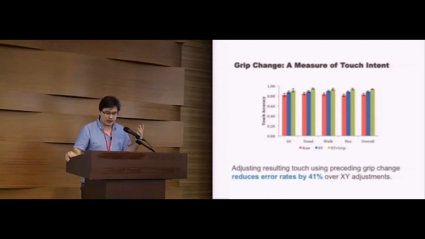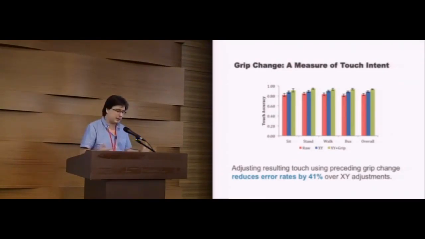All right, so what we find here, this is a chart on all of our conditions in experiment 2. And you can see here that the green bars represent our XY plus grip model, and it is very consistent, a standard improvement over the baseline.